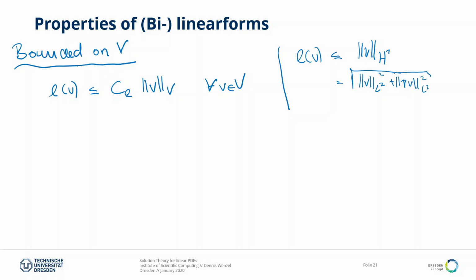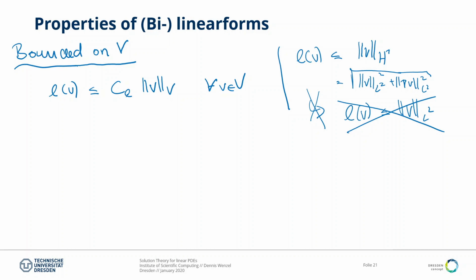So if you know that your linear form is bounded from above by this, of course this does not imply that L is also bounded from above by just this here, right? So if I remove my gradient part here and just consider the L2 part of the function itself, then we don't know if this is still true. Meaning that if you switch from the space H1 to the space L2, some linear form that was bounded on H1 might not be bounded on L2 anymore.